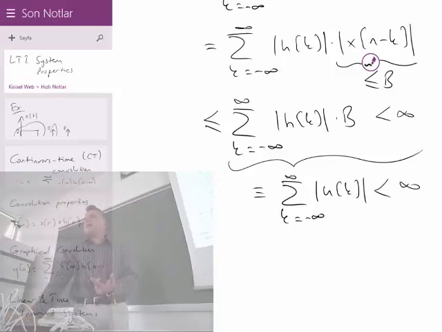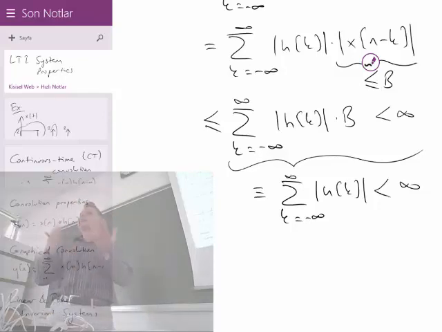And this is exactly what we claimed, right? That's why for linear and time invariant systems, the absolute summation of the impulse response must be less than infinity, must be finite. It corresponds to bounded input, bounded output stability. Now, seeing this kind of a proof, will you be able to prove the same for continuous time?